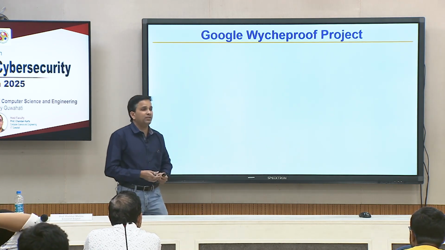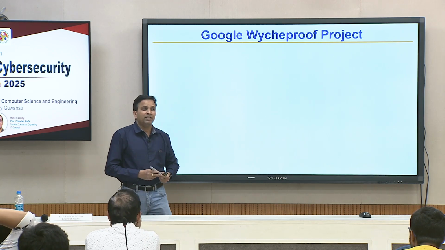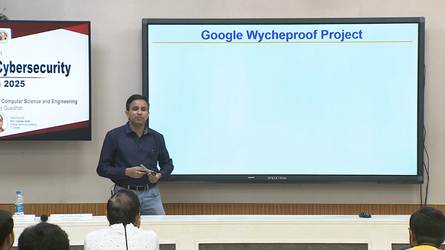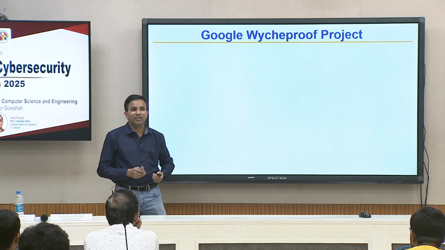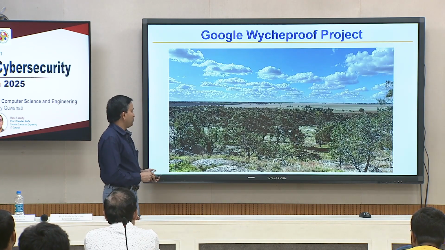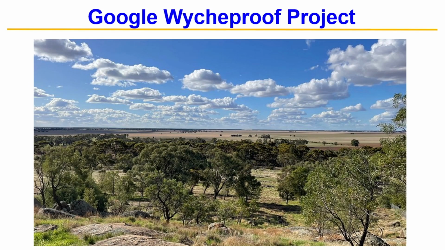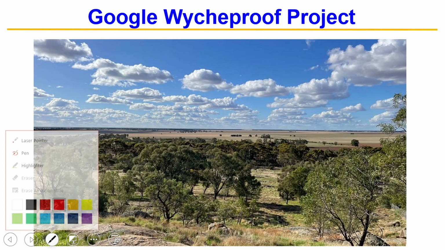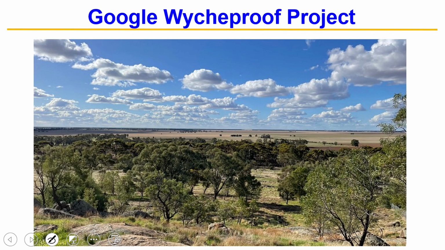So, let us start with Google's Wycheproof project. How many of you know what Wycheproof is? Although it has the word proof, it has nothing to do with verification. Wycheproof is this one, it is the smallest mountain in the world, it is 42 meters in height.